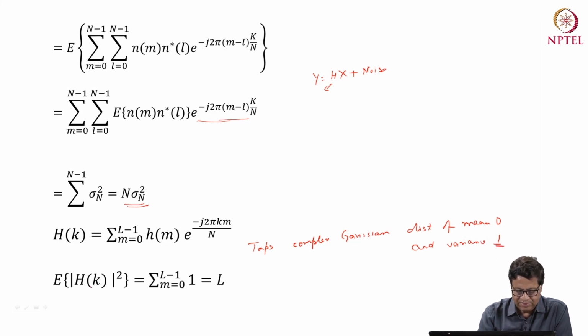So this will give 1 variance actually, and this is summed L times. So 1 plus 1 plus, L times, what we get is L.